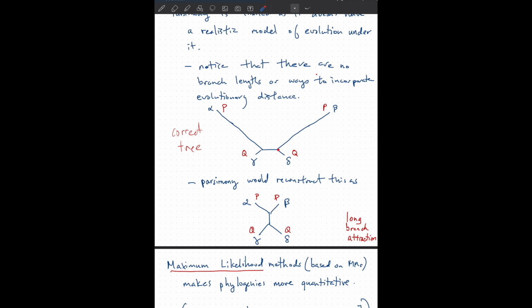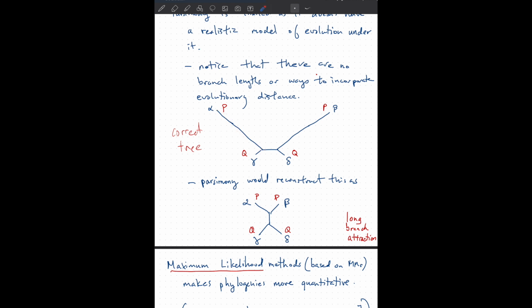Think of these branches as PAM units. So there's been a lot of evolution, a lot of iterations of the Markov model, between the ancestor of delta and beta, that guy there. And there's been an awful lot of evolution from the ancestor of delta and alpha on the way to alpha, right? So this branch is very long.